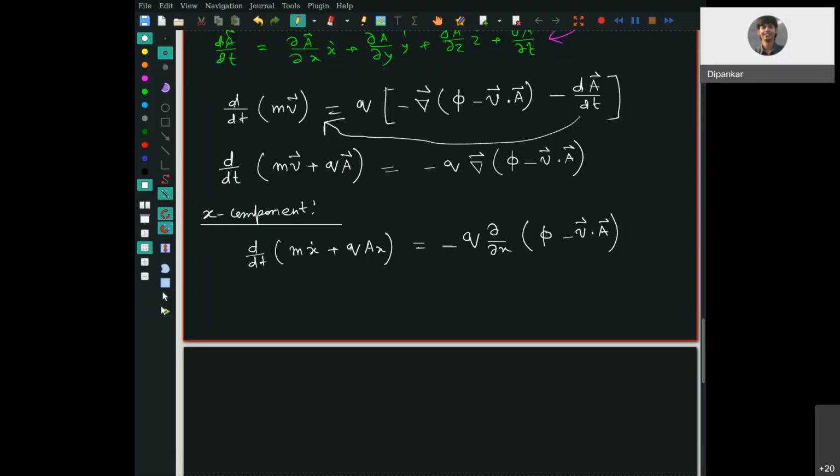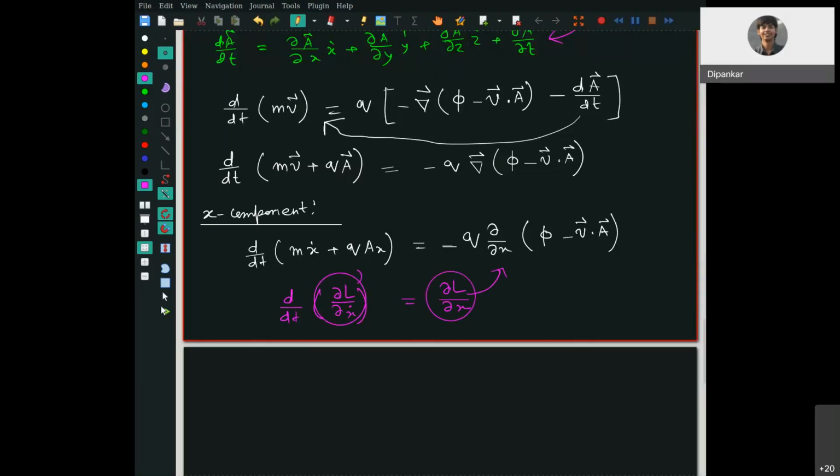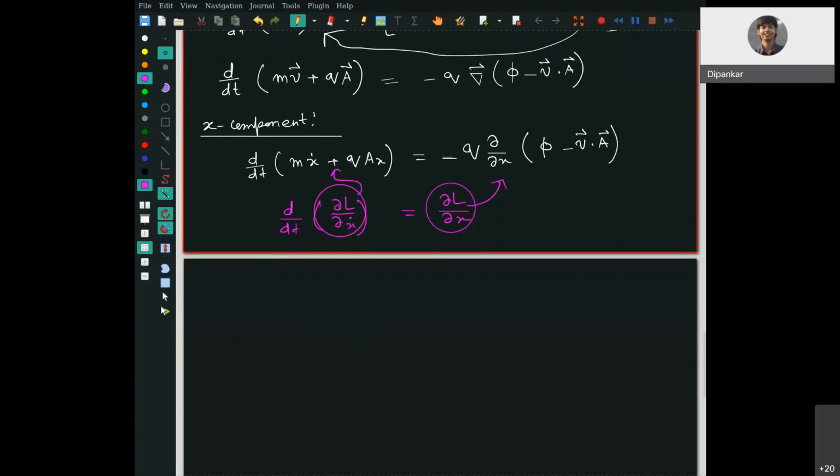So now if I compare, my Lagrange's equation for this x component will be d/dt of del L del x dot equals del L del x. So I map del L del x with this thing and del L del x dot with this thing. Okay, it sounds reasonable. If I map that, then it will fit, right?